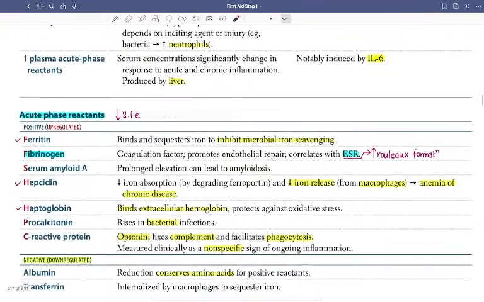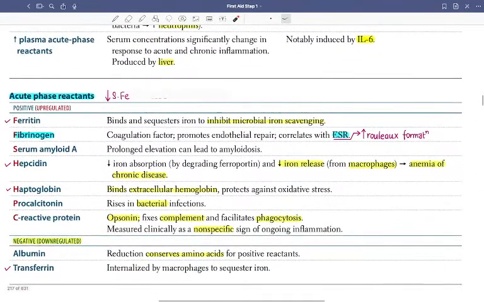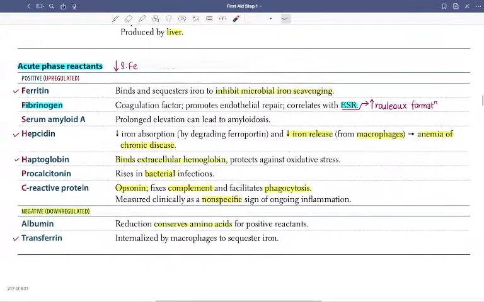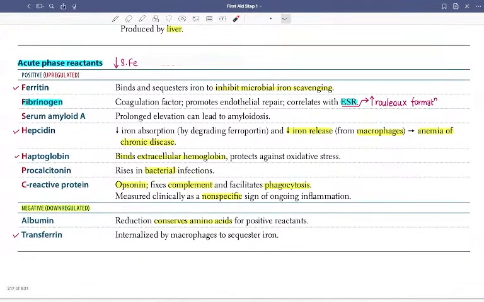Next is plasma acute phase reactants. This is important. Serum content changes significantly, produced by the liver, induced by interleukin 6. Acute phase reactants are very, very important. Ferritin sequesters iron and inhibits microbial iron scavenging, so it prevents the microbes from taking the iron.